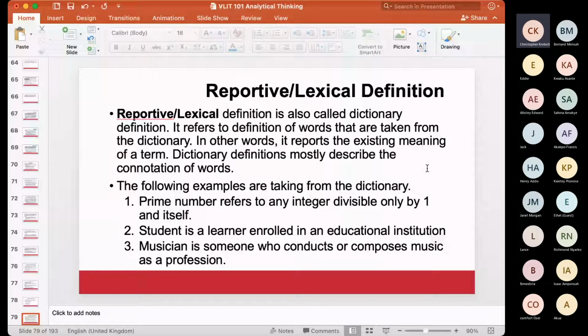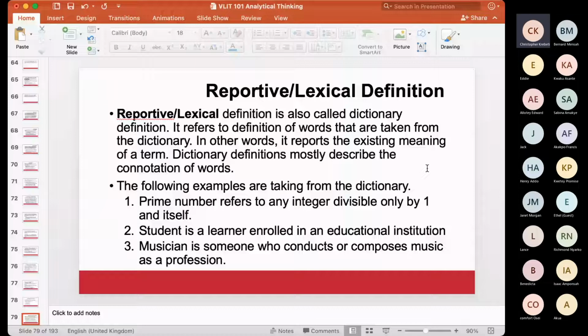For example, prime numbers 3, 7, 11. So 9. Somebody will ask, why is 9 not a prime number? Then you have to find out. Can 9 be divided by other numbers, or can 9 be divided by 1 and itself alone? If it is by 1 and itself alone, then it is a prime number. So by the definition, then you know what to do.